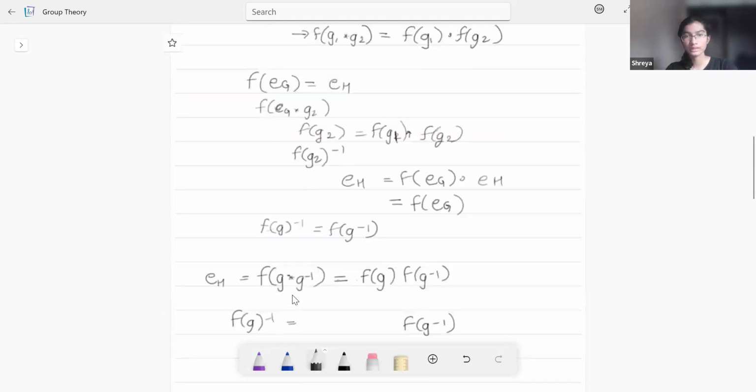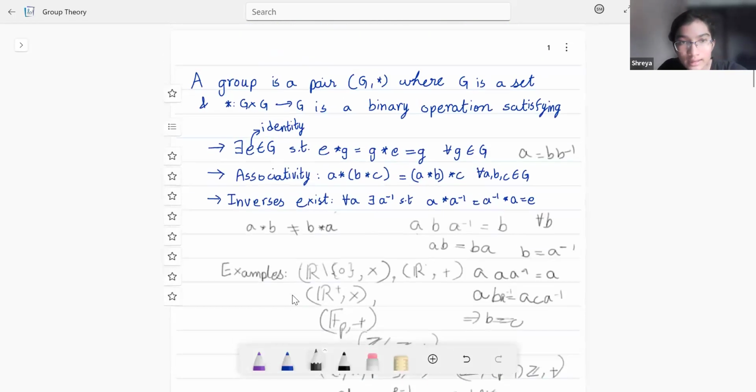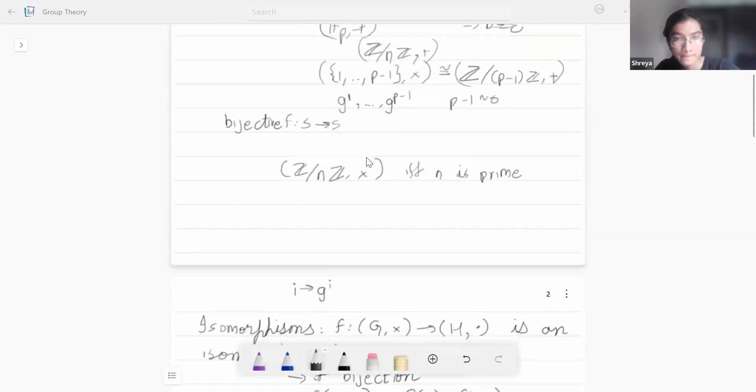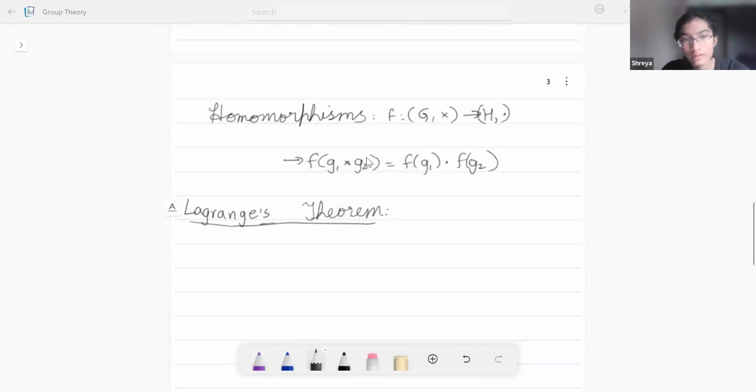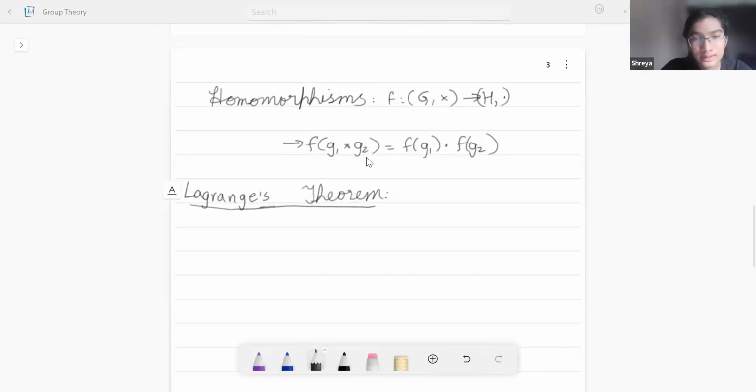Okay, so first of all, I forgot to mention at the start, if you have a group, then a subgroup is a subset that is also a group under the same operation. So this is about the cardinalities of subgroups.